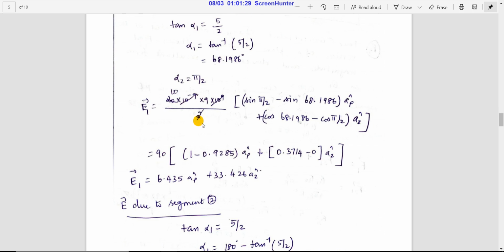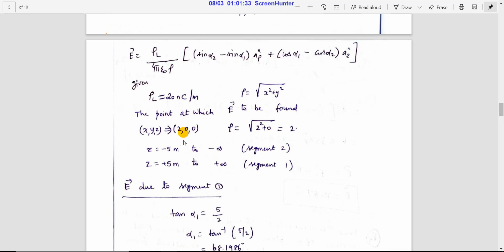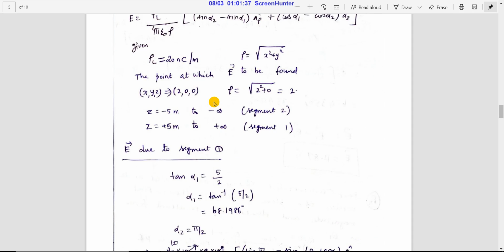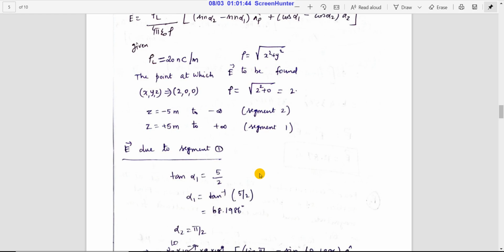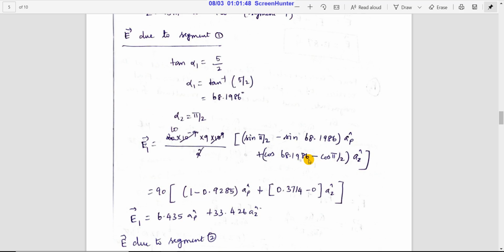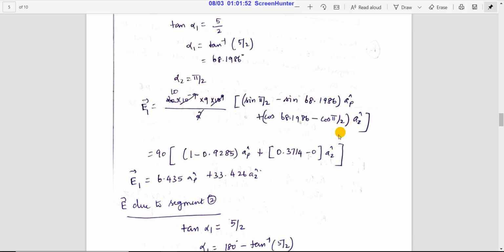So 2 into sine alpha 2, which is pi by 2, so sine 90 minus sine 68.1986 of a rho vector plus cos 68.1986 minus cos alpha 2, which is cos pi by 2.